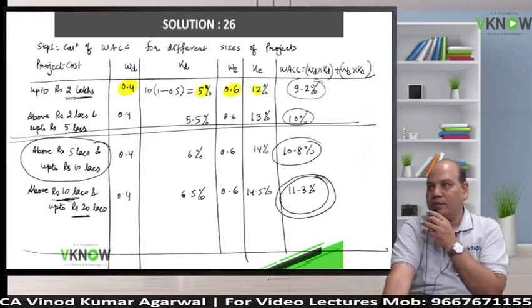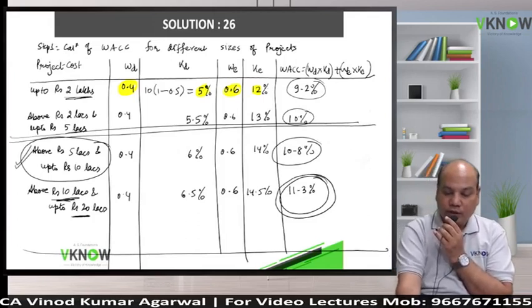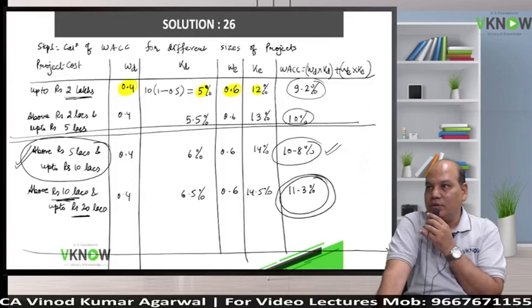Even that is acceptable. But if the cost of project is more than 5 lakh, then it exceeds 10% and it is not acceptable. So first and second category of projects are acceptable if the expected return is 10%.